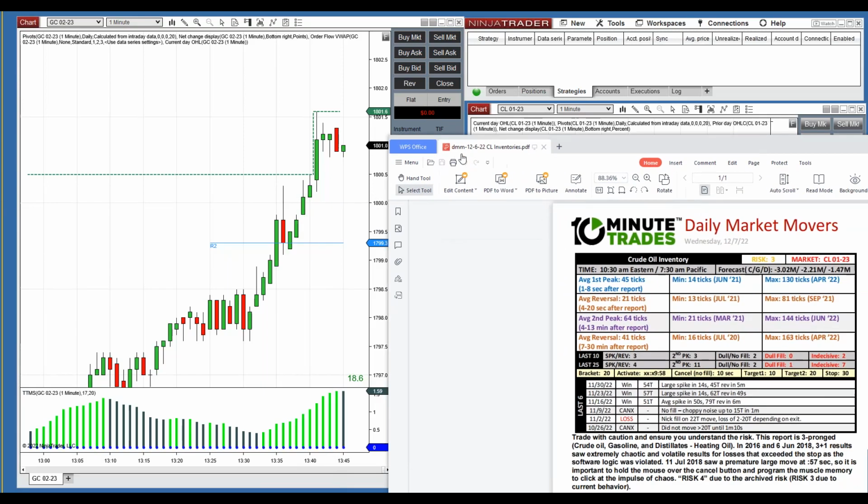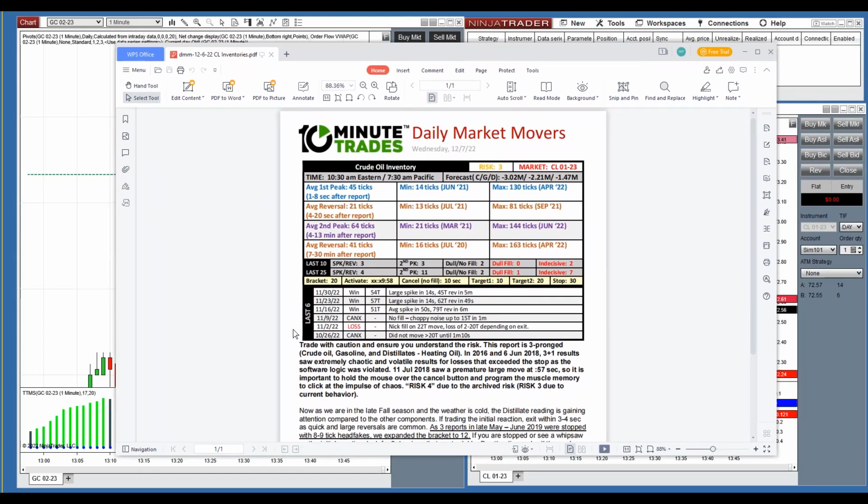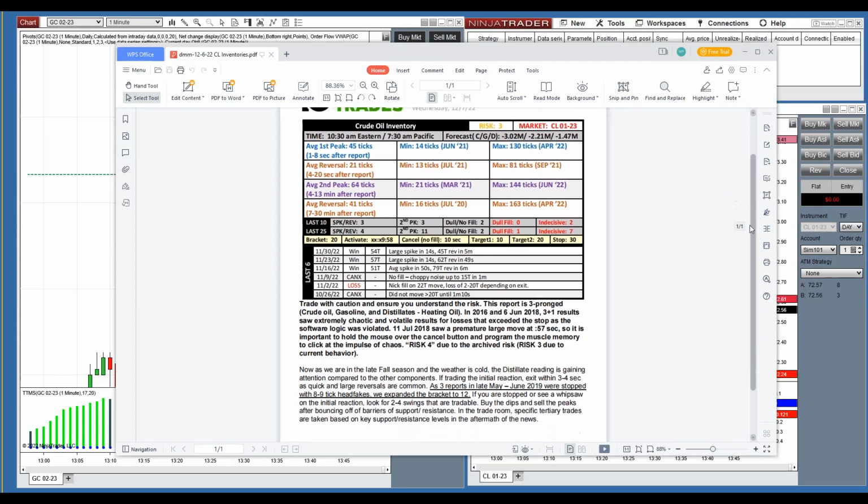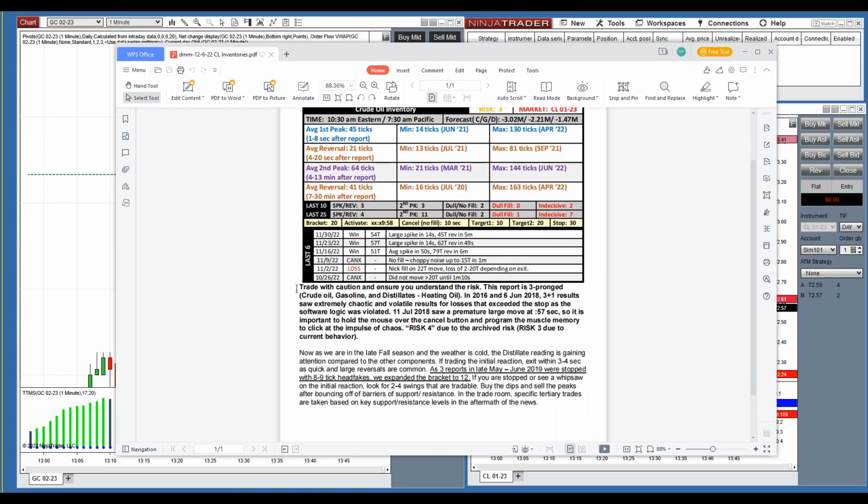If you do a little thinking about what this report says, okay? The first thing that we say, trade with caution and make sure you understand the risk, okay? Trade with caution. So that means immediately, don't do it live the first time.